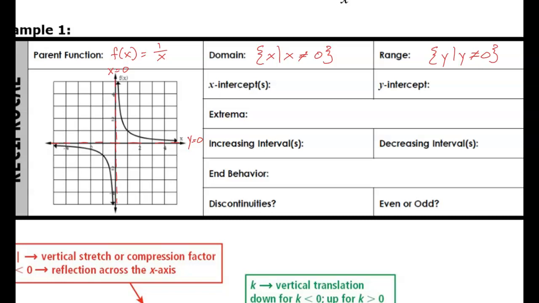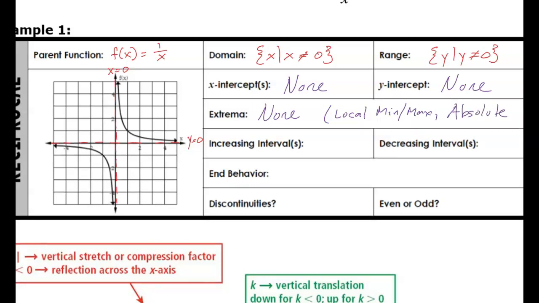All right. Do we have x-intercepts, y-intercepts, or extrema? No. Now what does extrema mean? Mins and maxes. Yes, your local min and max and your absolute min and max.